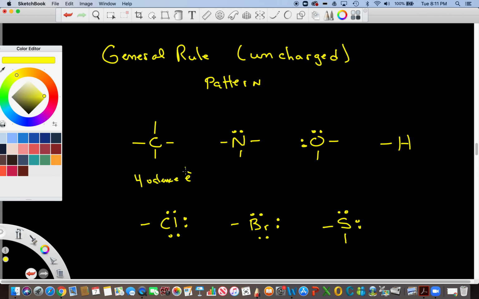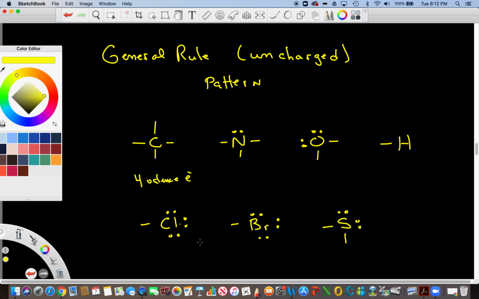Nitrogen will always have 8 total electrons, 1 electron pair. It has 3 bonding electrons and 1 electron pair. Oxygen will always have 2 electron pairs and 2 bonds. Hydrogen will always have just 1 bond.